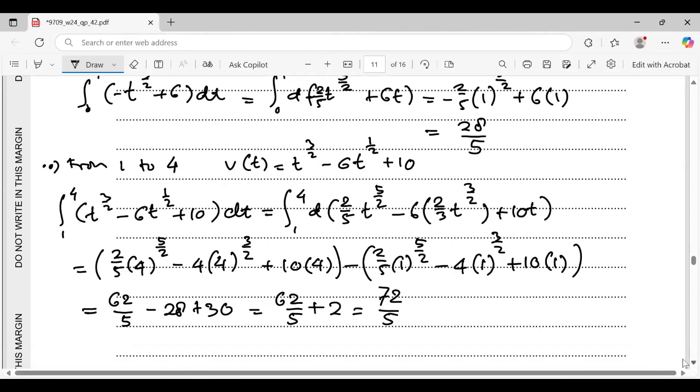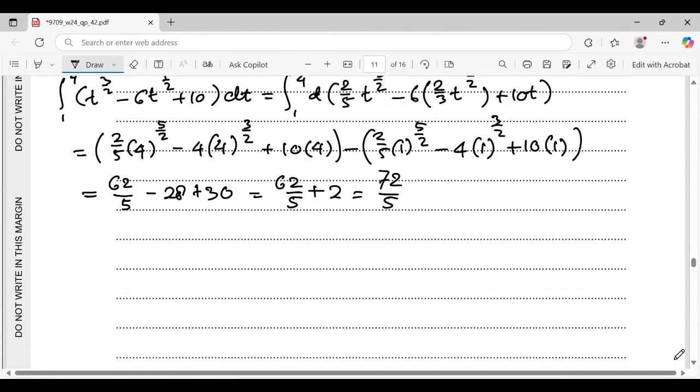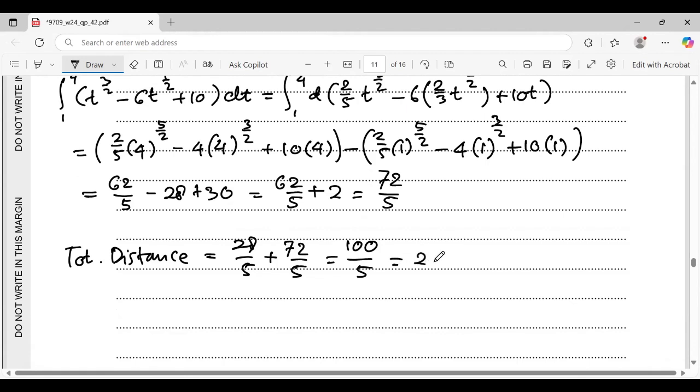The total distance is 28 over 5 plus 72.5, which is 78.1, about 20 meters. So this is the total distance.